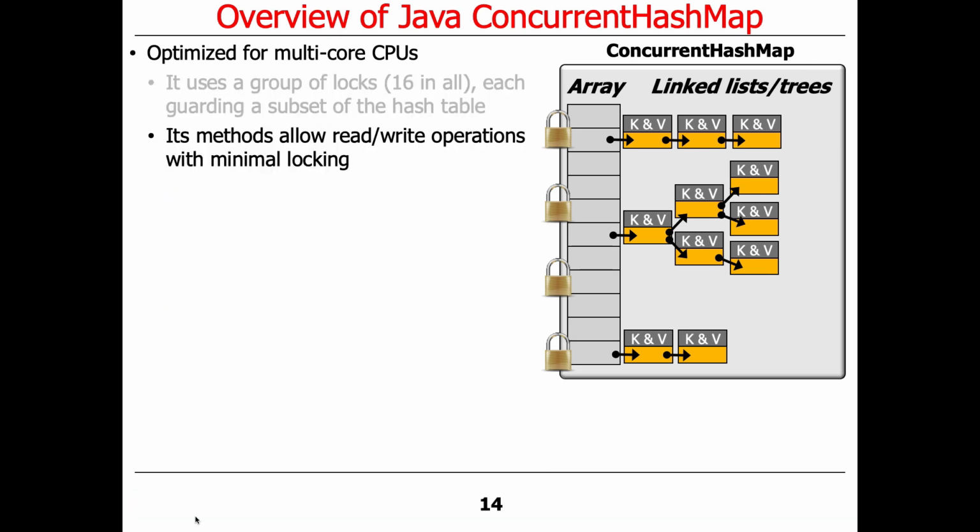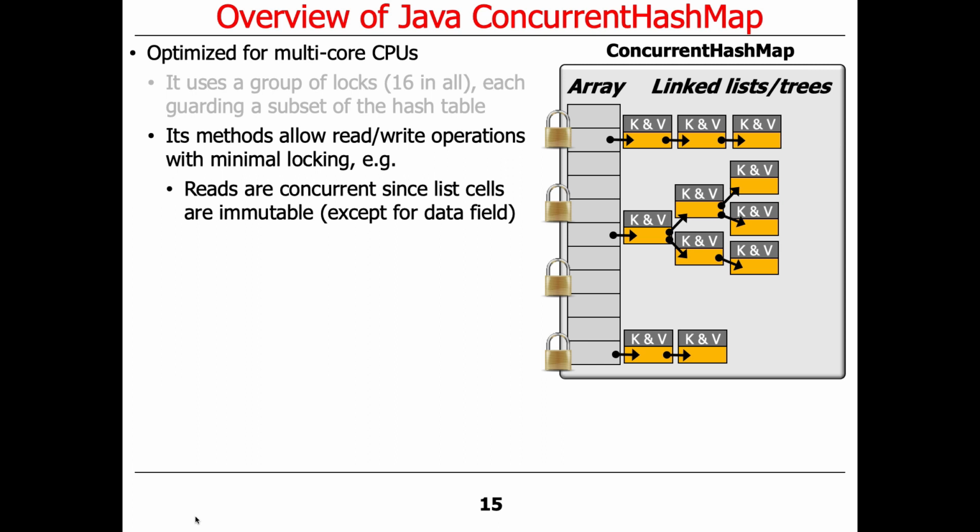This method is cool because in addition to segment locks, it also allows read-write operations to proceed with minimal locking. So all read operations, even if you have everything hashed to the same segment, controlled by the same segment lock, read operations like a take, for example, will all run concurrently.